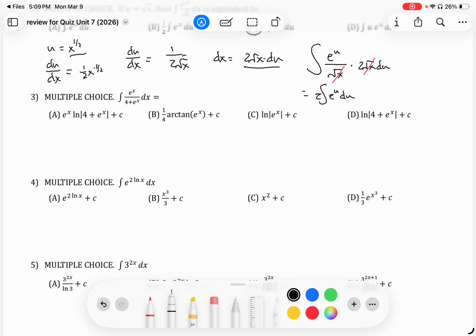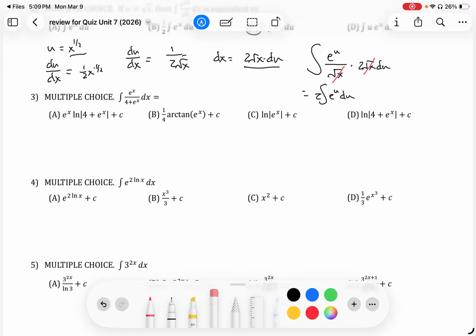For the third one here, I can see my options here are some natural logs, some arctans. For arctangent, you're looking for something like 1 over 1 plus x squared, or maybe 1 over a squared plus x squared, something like that. This doesn't really look squared to me, so I think it's probably not going to be arctan.